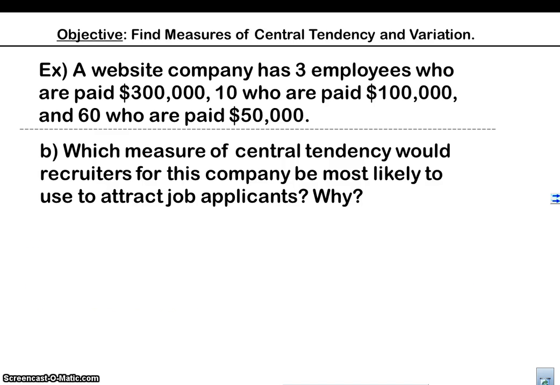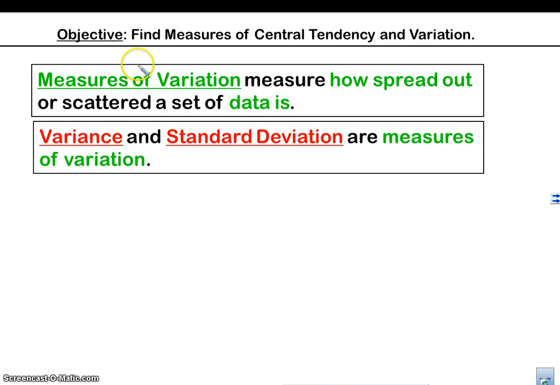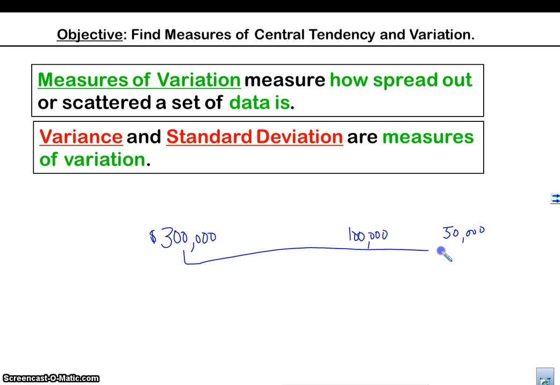Okay. So what else can we use? Well, we can use a measure of what we call variation, and a measure of variation is how far the data are spread out. So this means basically, if I know that my data are spread out a lot, we'll use that idea here that we just started with. Okay, I've got these 3 salaries. The difference between these 3 salaries is kind of a lot.